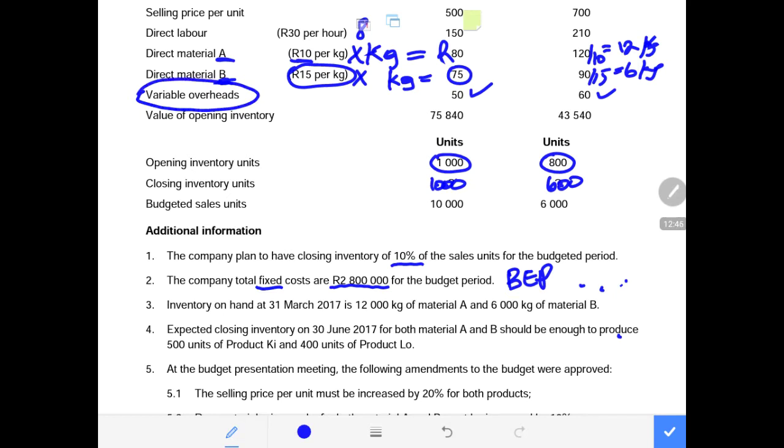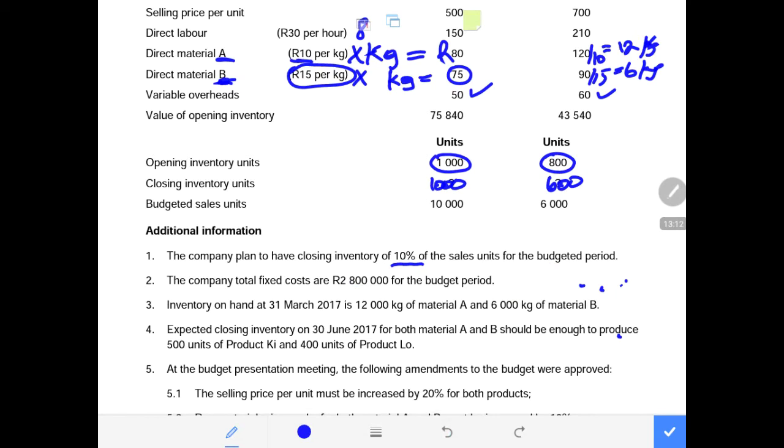And there are questions where I dealt with that in terms of how to extract the variable part or the fixed part in the total overheads, where they can tell you that inside is fixed and variable, but they provide us with enough information. I do have records of such. Now we have our fixed cost as 2.8 million that are budgeted.